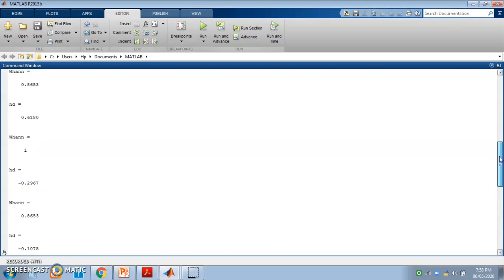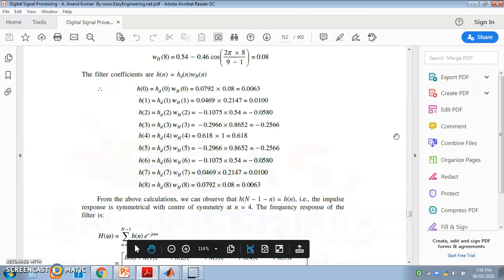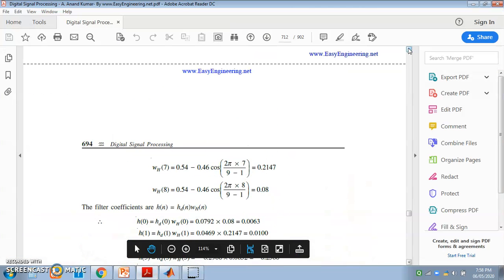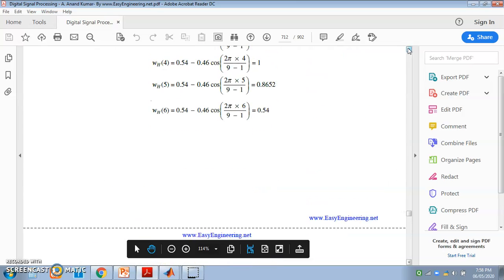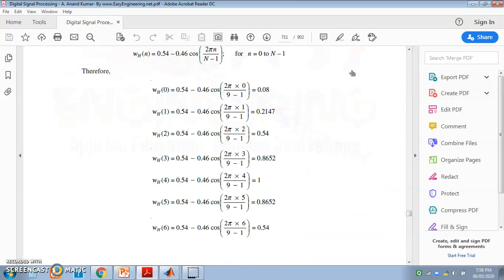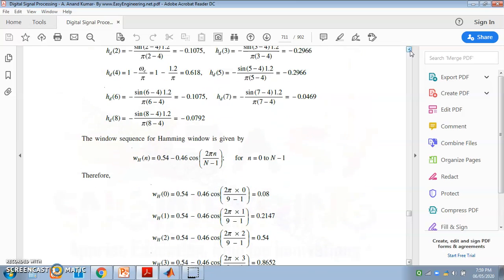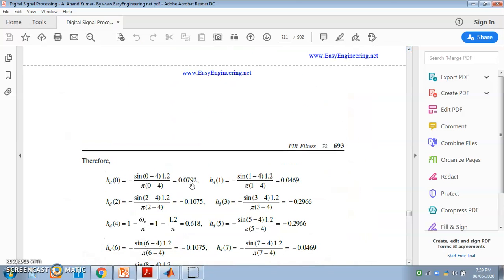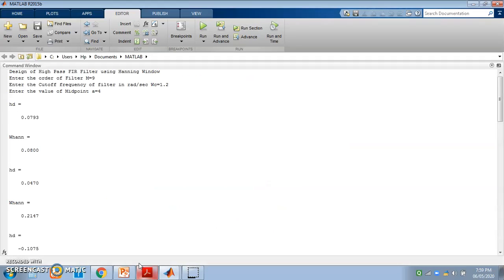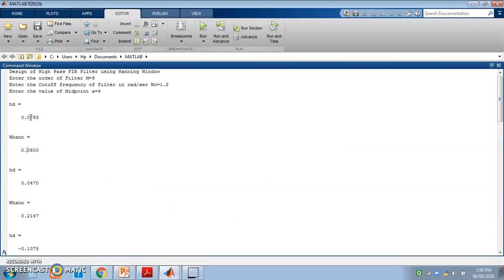Every time we have w_han of n. Here w_han of 0 is 0.08. If we consider the analytical solution, we know that w_han of 0 is 0.08 and hd of 0 is 0.0792. In MATLAB also we have those two values, that is 0.0793 which is equal to hd of n, and here it is 0.08.